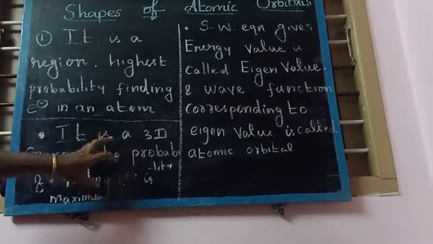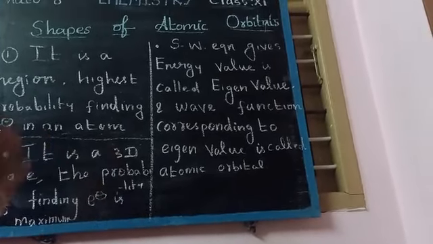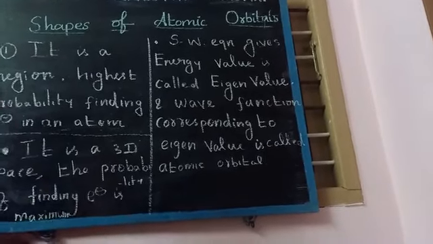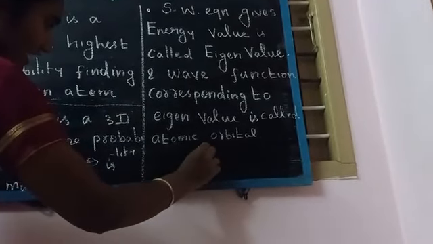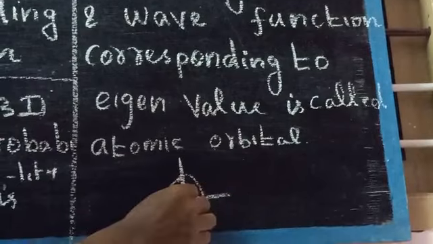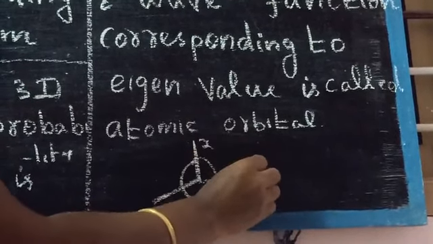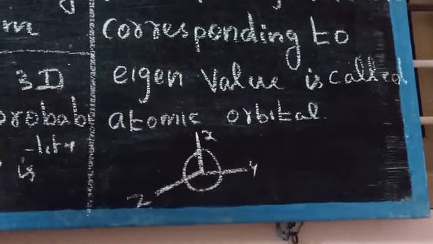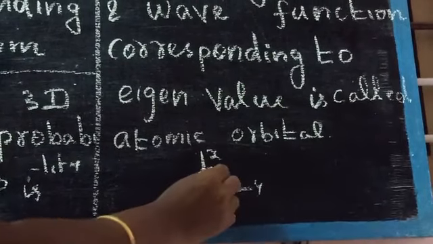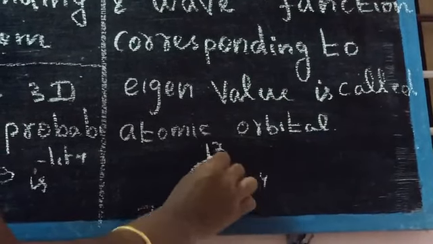Three-dimensional space means it is denoted by 3 axes, x, y and z.